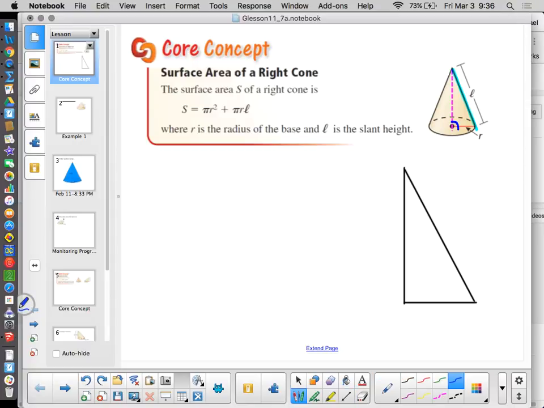My right triangle is going to have the following dimensions: the height of the cone, the slant height of the cone, which we're going to signify with a cursive L, and the radius of the cone.